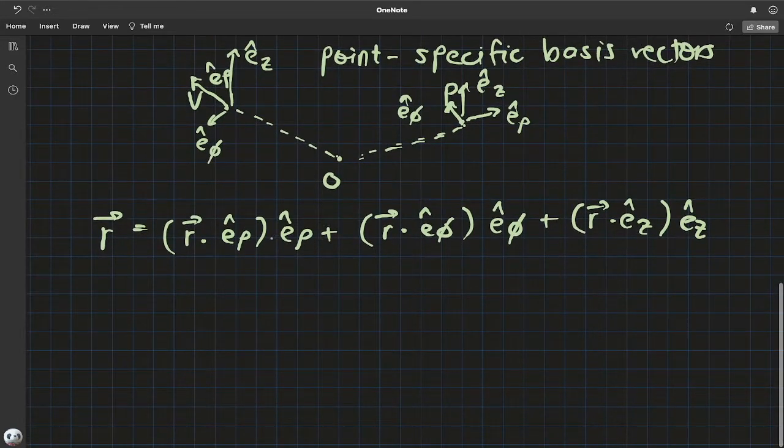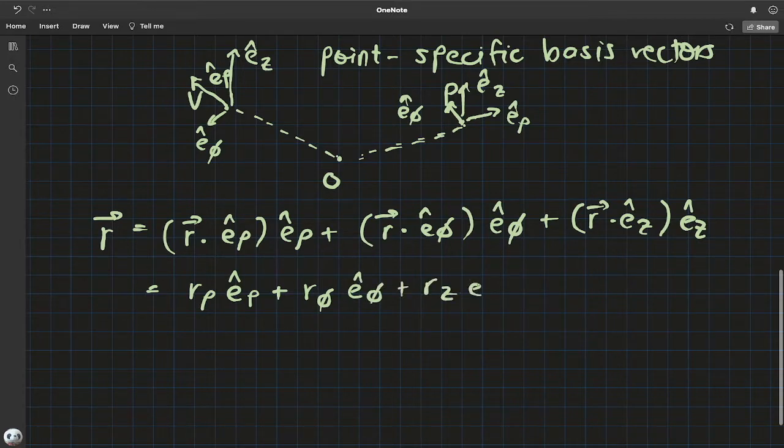So this is what this looks like, and you can write this as r sub rho e sub rho hat plus r sub phi e sub phi hat plus r sub z e sub z hat.